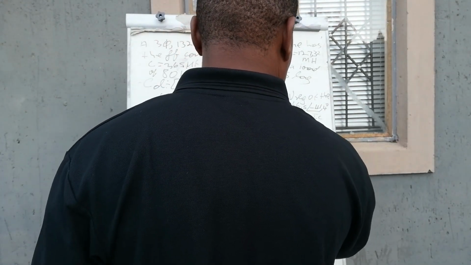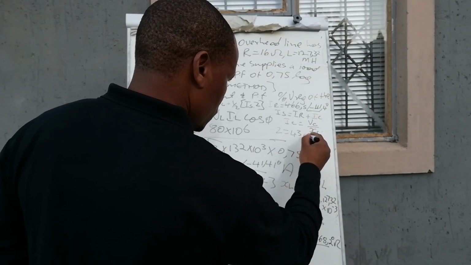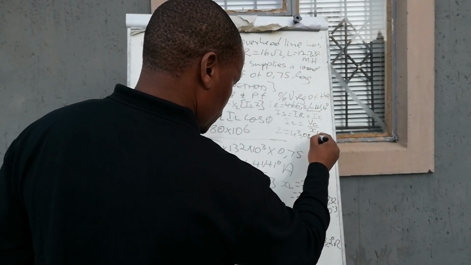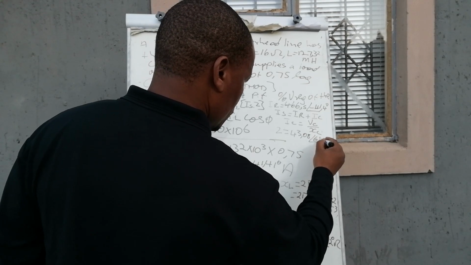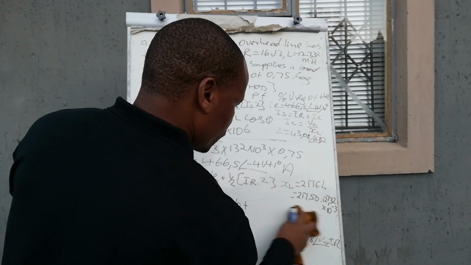Let me write that Z there. This Z is 43.08 angle of 68.2, and then I can erase it from here.